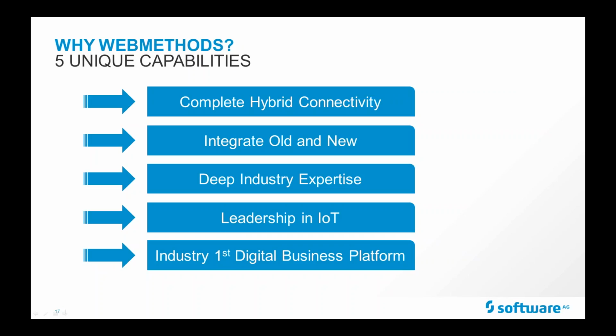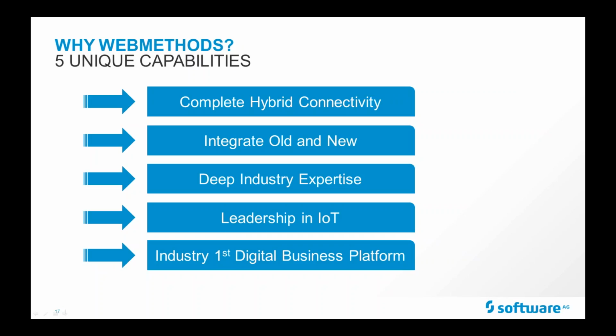So the first thing we will mention here is complete hybrid connectivity, and hybrid connectivity can mean different things to different people as well. So as we go forward, we will talk a little bit about hybrid connectivity. In fact, it's on the next slide. We will have more information on what hybrid connectivity and hybrid integration mean. And also integrate old and new.